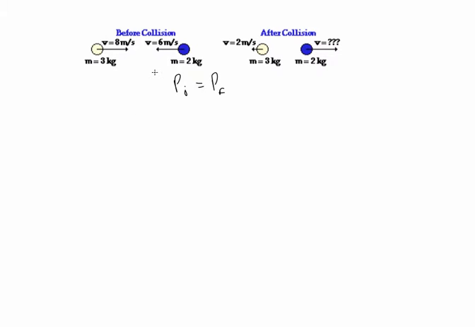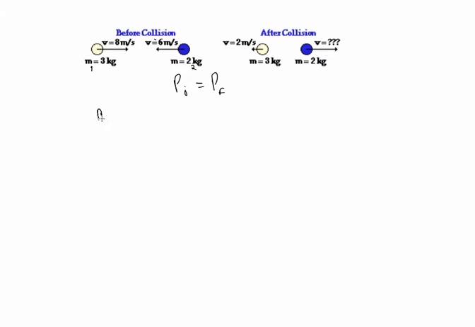But look at what's different with this guy. You can see how the 8 meters per second object is moving to the right, but the 2 kilogram object is moving to the left. Momentum is a vector, and since it's a vector, that means direction counts. And mathematically, what do we do to show that the direction is to the left? We include a negative sign.